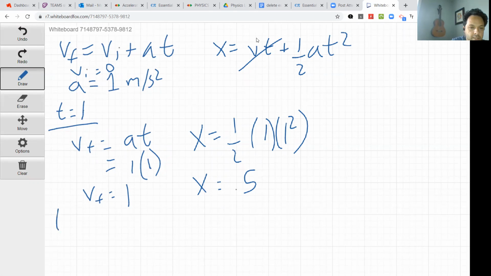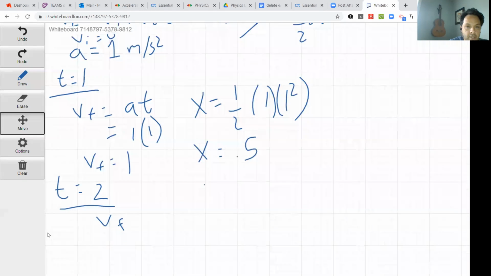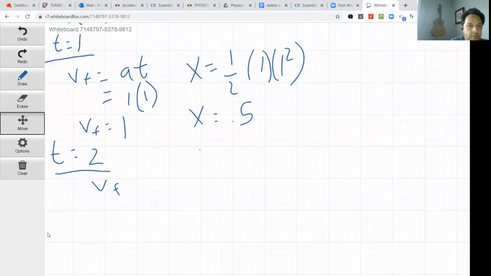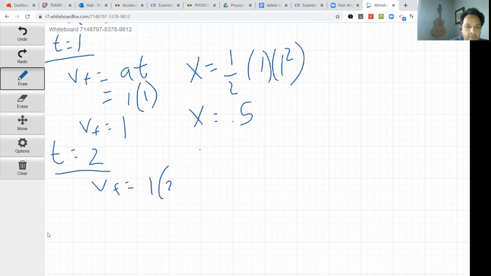Now let's look at time equals 2. Let me check something real quick. Yeah, I think my Bluetooth was off. So for time equals 2, the final velocity is going to equal acceleration, which is 1, times time 2.